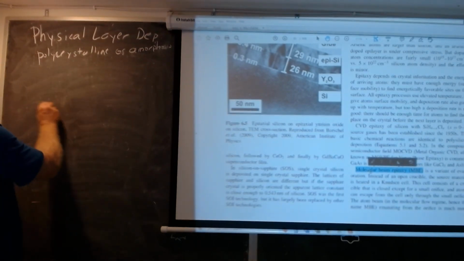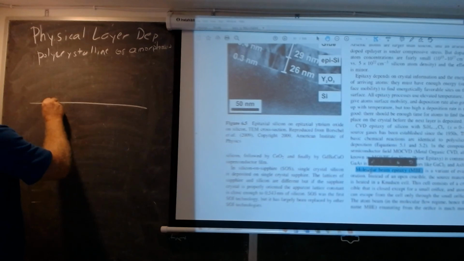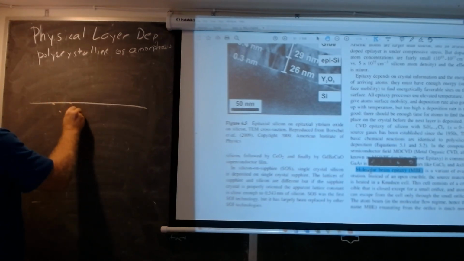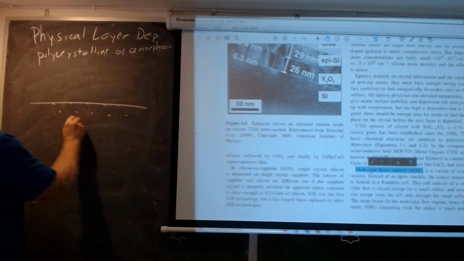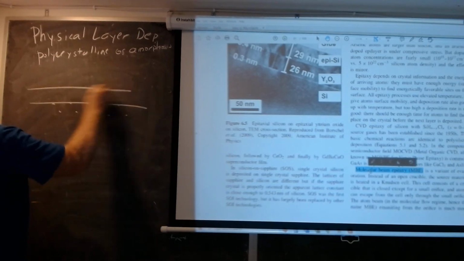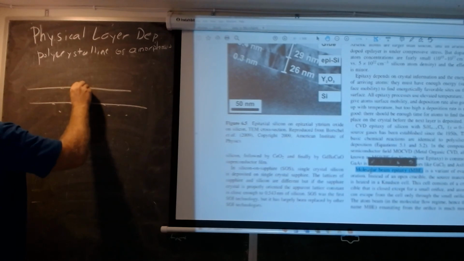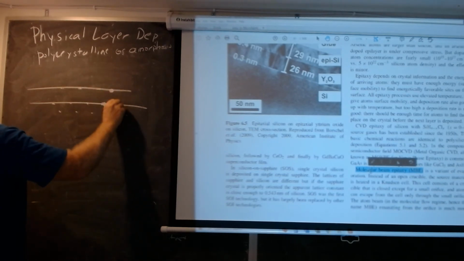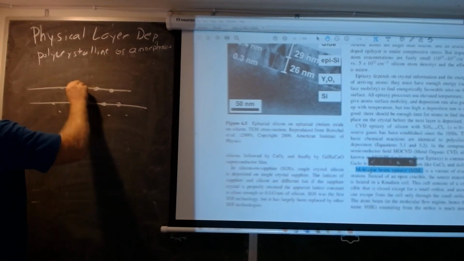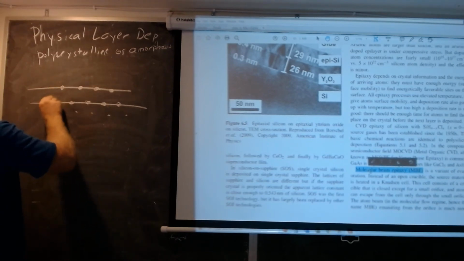Okay, so we have a substrate, and it has a lattice constant, meaning it's a single crystal, and we want to deposit a layer, let's see if we can draw bigger atoms.